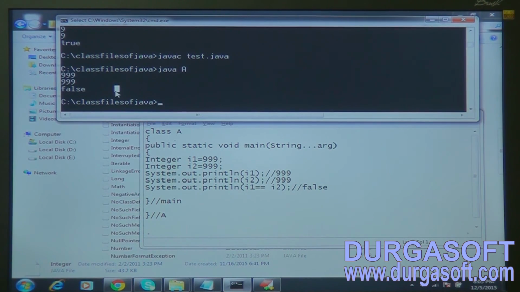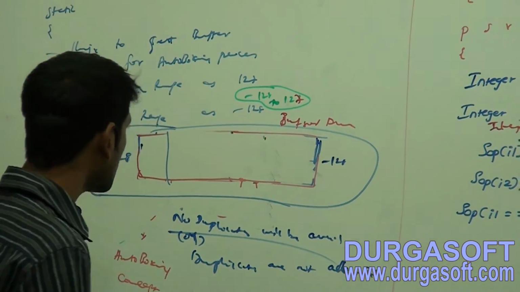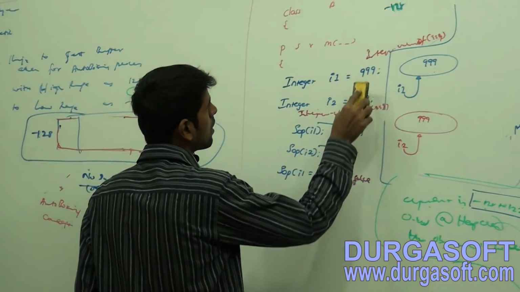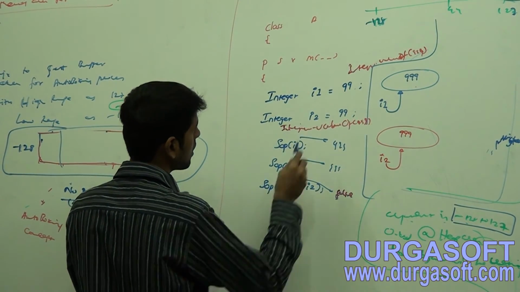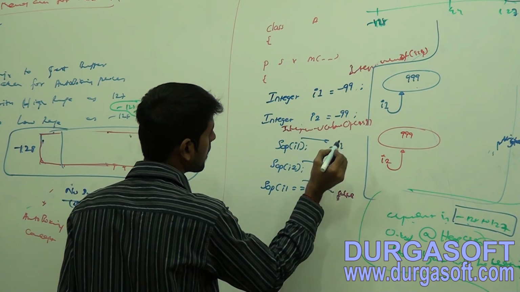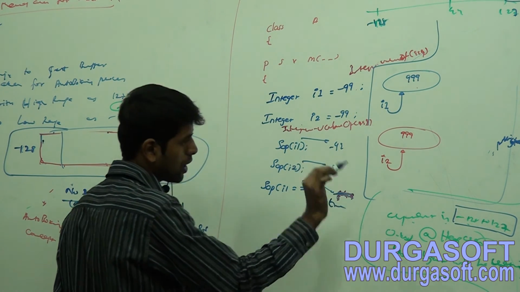Now observe one more small thing. Let me use minus 99. What is the output? Minus 99 only. The output here is true. Why?